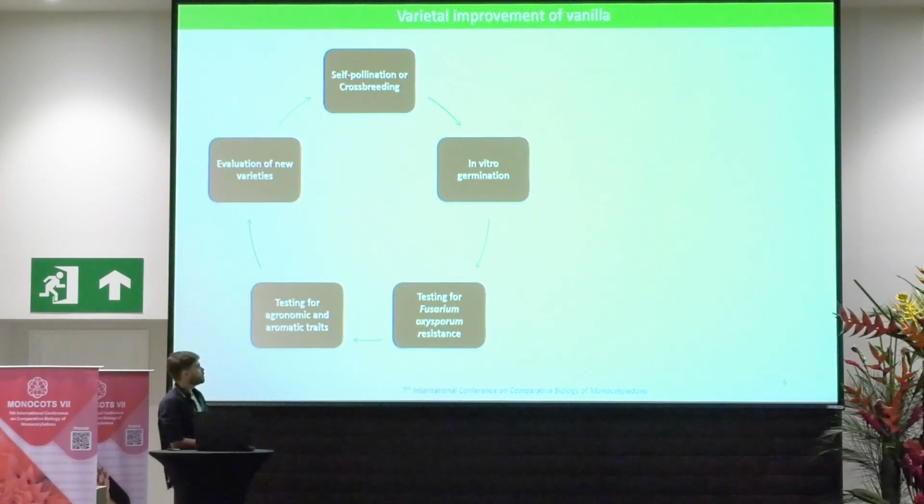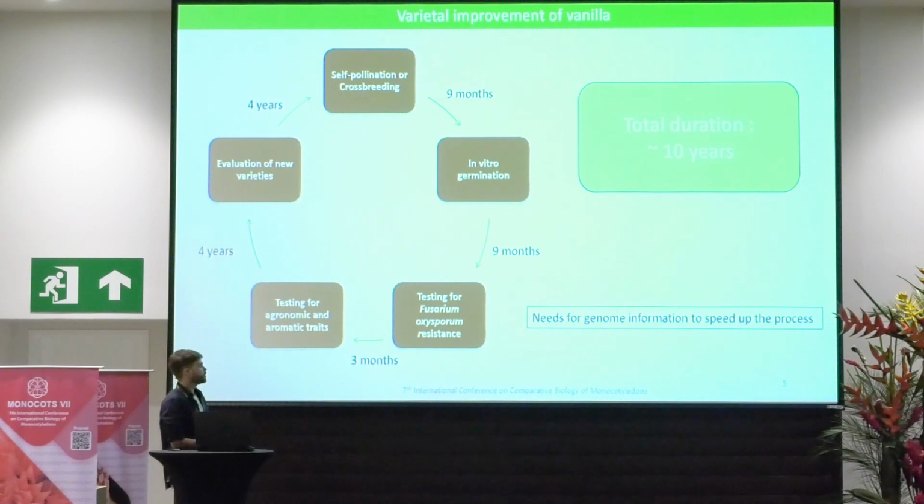But the problem is that these programs in their traditional forms can be really laborious and really long, depending on the species they focus on. It's the case for planifolia and other vanilla, with a total duration of around 10 years between the seeds and the moment when you can begin to evaluate mature pods for their agronomical and commercial value. So there's a need to speed up this process.